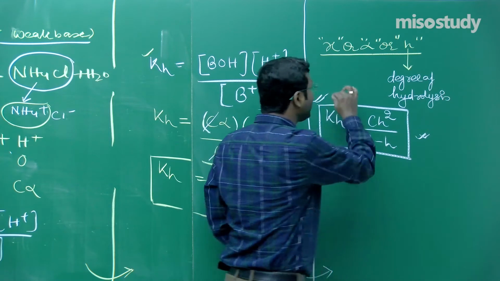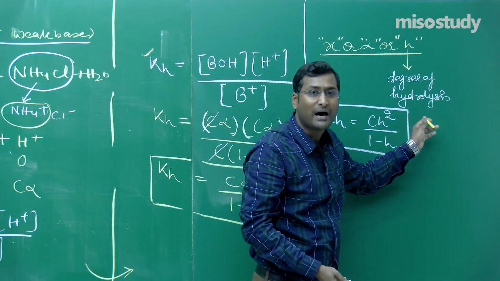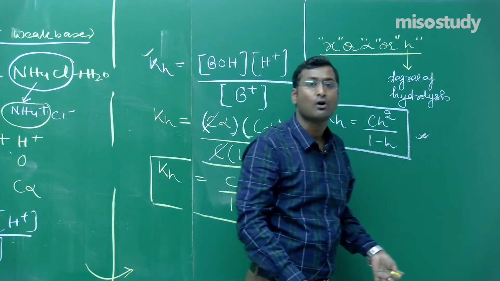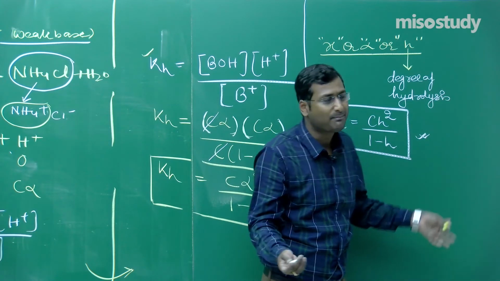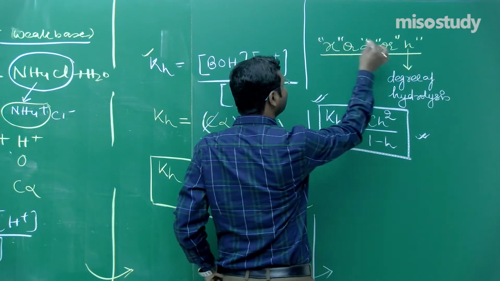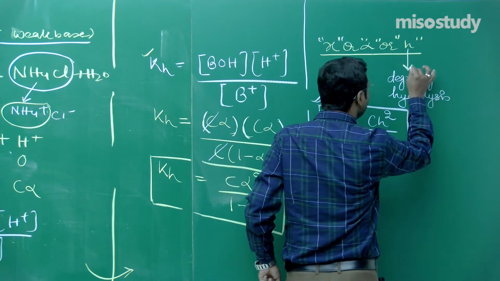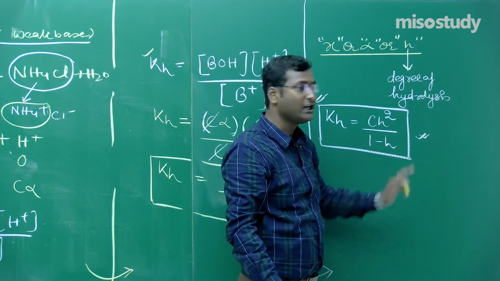What do you mean by H? That H is the degree of hydrolysis, that is the number of moles of salt hydrolysed upon the number of moles of salt taken. It is very simple, like X or H. These all are similar expressions, X, alpha or H. In case of salt hydrolysis, we replace alpha or X with H because H is the degree of hydrolysis.